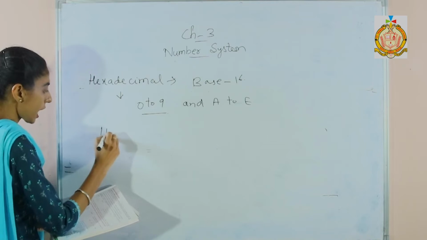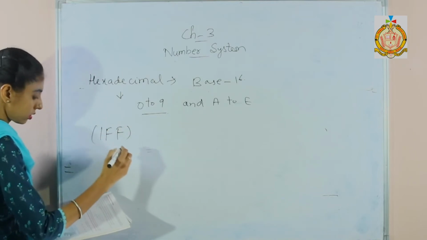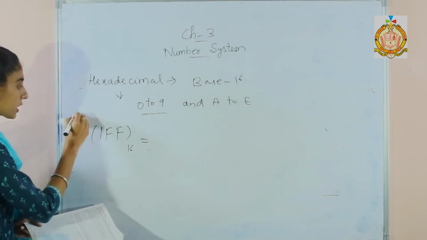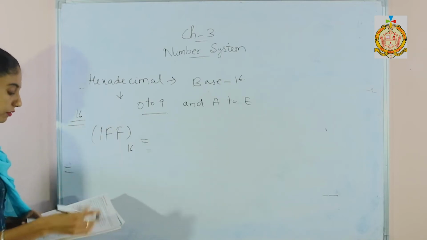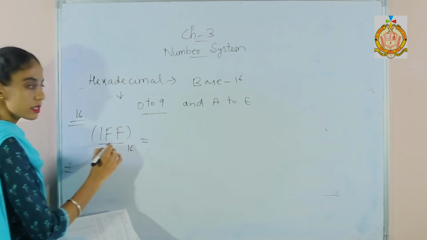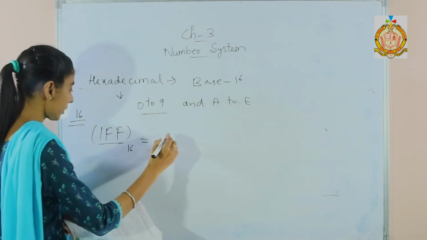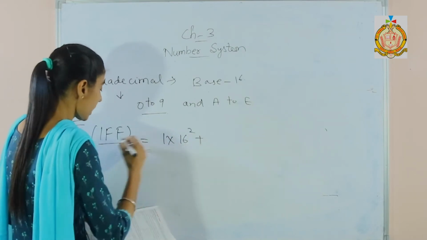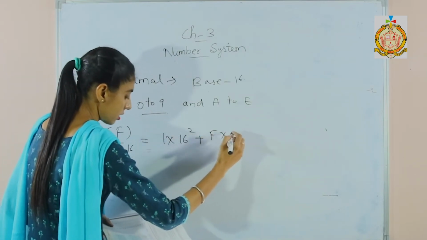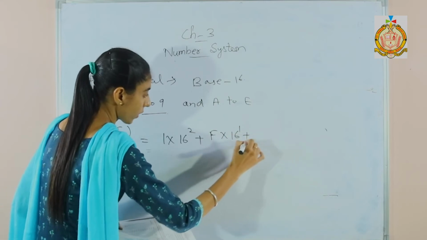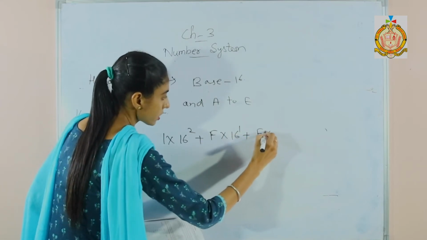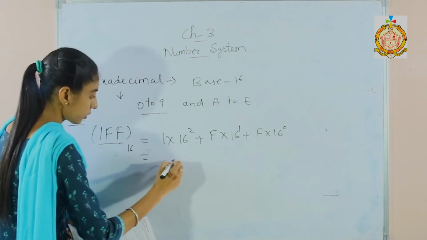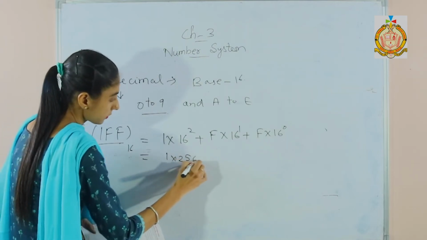First one is 1FF in base 16. Your base is 16 and you will multiply with 16. Again 3 digits are here, so you will start 1 into 16 power 2, F into 16 power 1, F into 16 power 0. So 16 16s are 256.